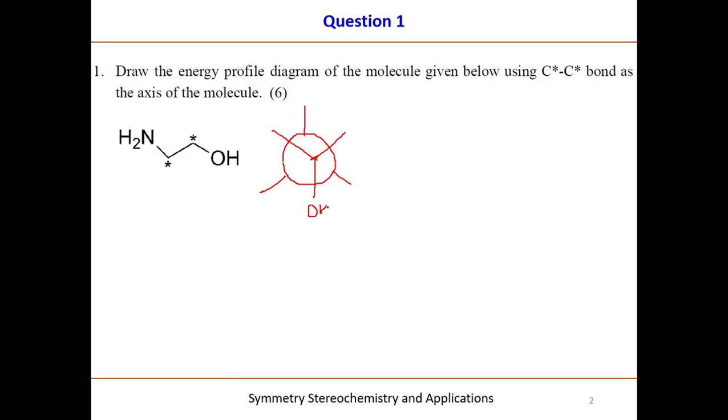Here is OH, H, H, and NH2. This is the same structure I have drawn before. I am just drawing it again for your better understanding. Now we have to rotate the back carbon by 60, that is the dihedral angle.